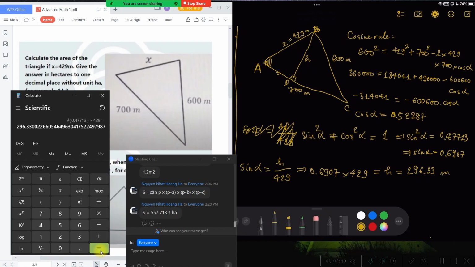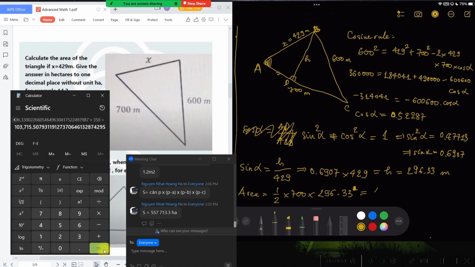So the area should be equal to half of the 700 meter side times 296.33. Half of 700 is 350.